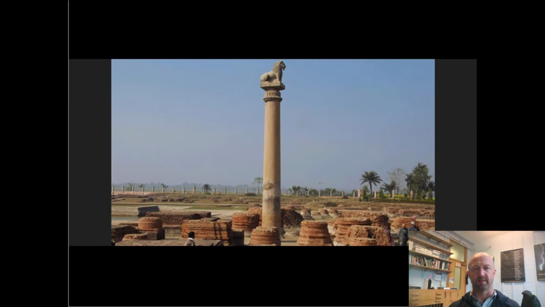Such capitals as those would have sat on top of these giant pillars. This is the pillar of Ashoka. King Ashoka, of course, ruled from 273 to around 232 BCE. He is the first of these great kings to have adopted Buddhism, probably under political expediency as well as his own belief system.